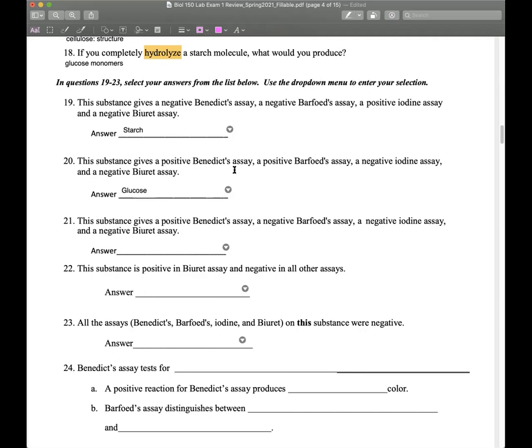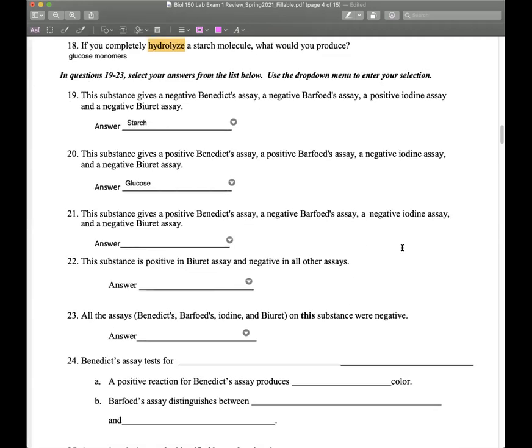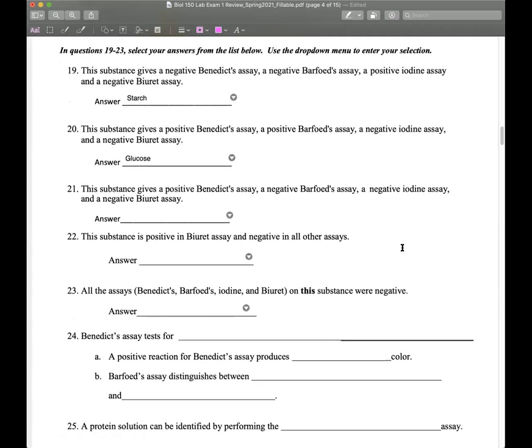A monosaccharide? That's what the Barfoed's would tell us. What about the Benedict's assay? That it's a reducing sugar? Yes, the Benedict's assay means it's a reducing sugar. And if it's a reducing sugar and we also get a positive Barfoed's, that tells us it's a monosaccharide. So yes, that lines up with what glucose is. It's a monosaccharide, and we know it's a reducing sugar.